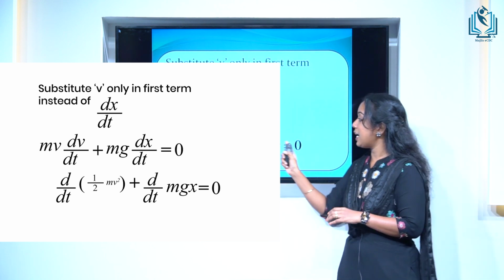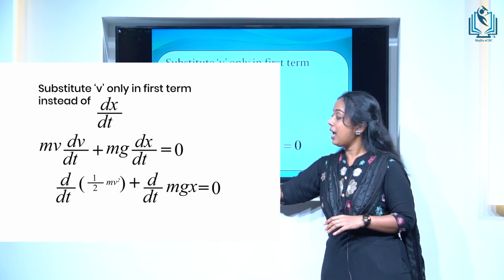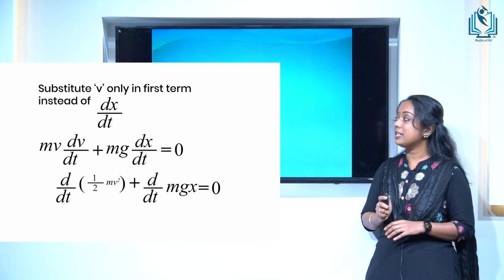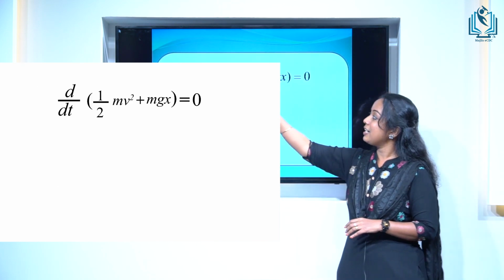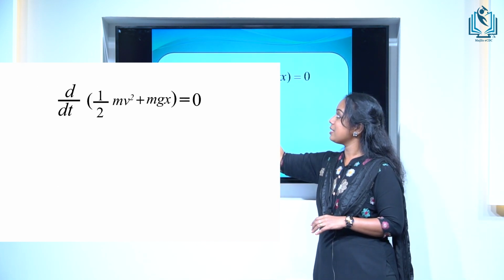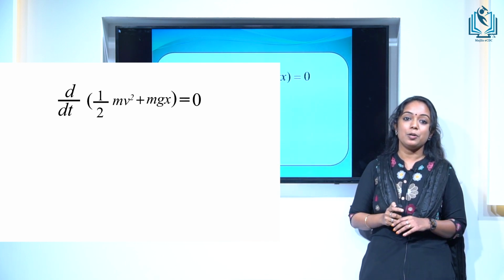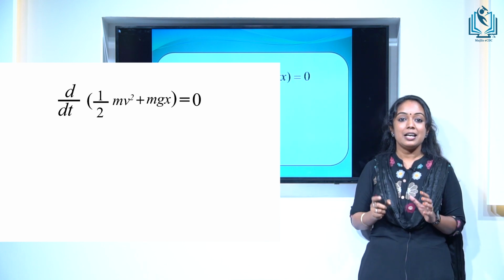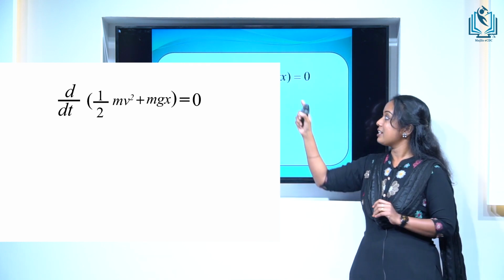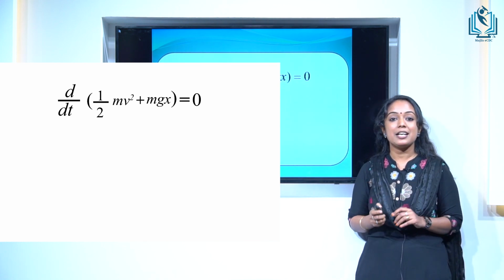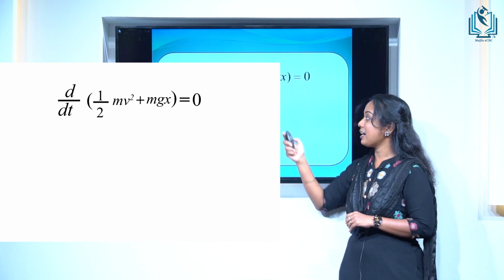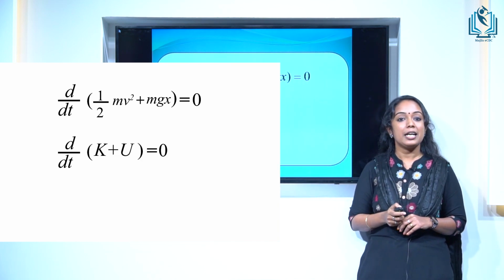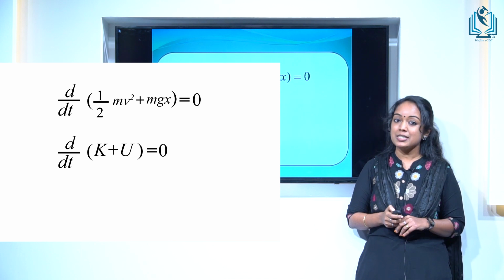Now we have to take d by dt outside as common to both the terms. Then we get d by dt of half mv square plus mgx equal to 0. Here half mv square is kinetic energy K and mgx is potential energy U. Then we can write d by dt of K plus U equal to 0.